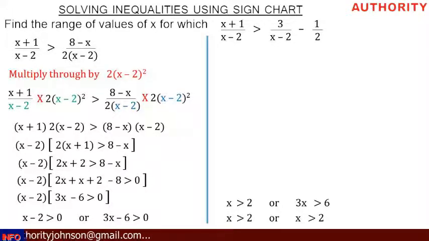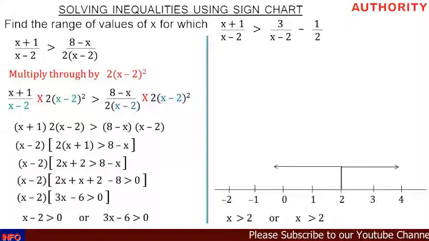Please pay attention to this. In all our solvings, we've not come across one where we found only one value except this. Now, please pay attention to how you're going to do this. I want you to draw your number line. The value that we just obtained is 2, just one value.